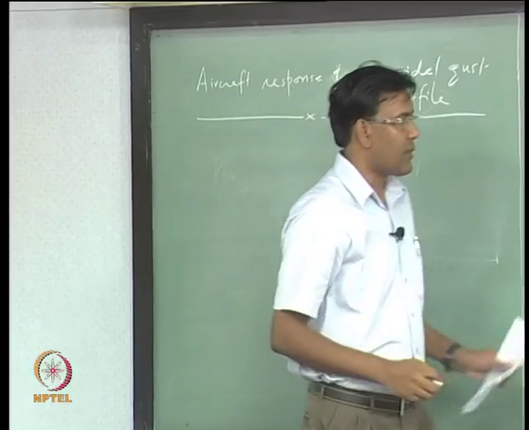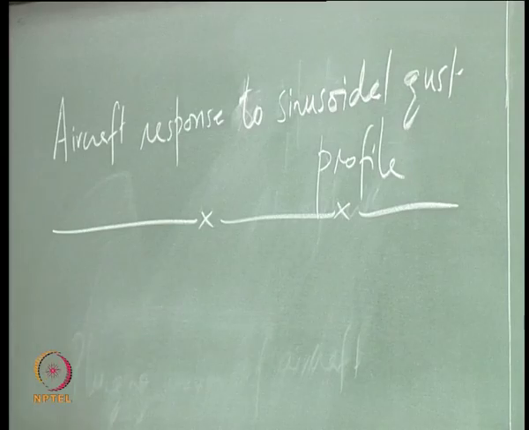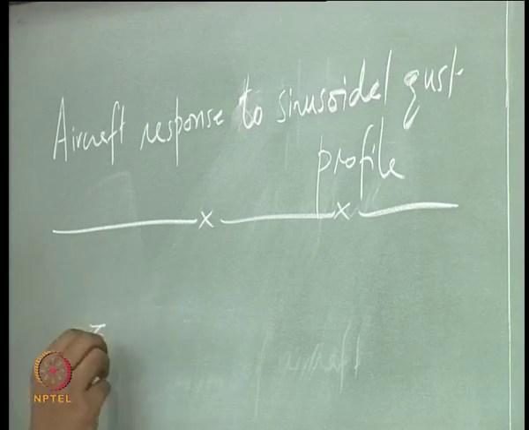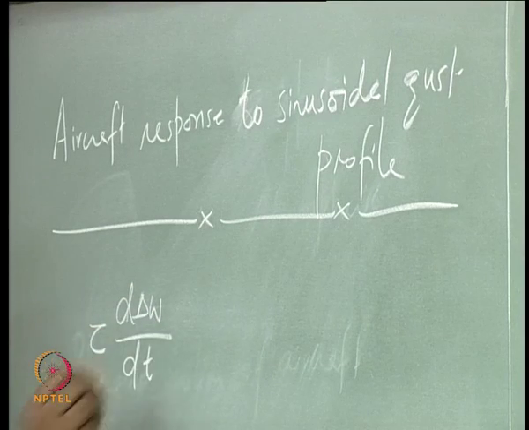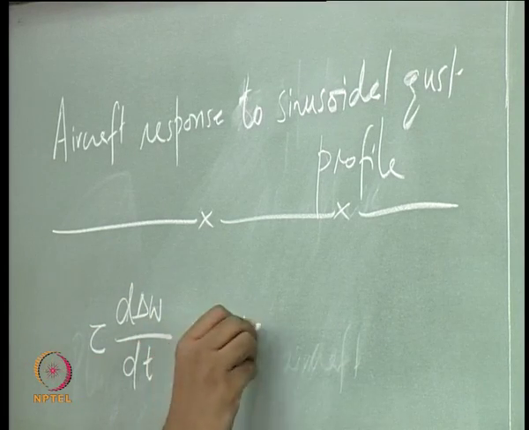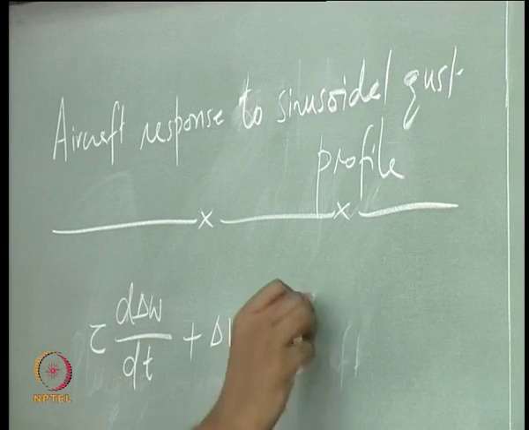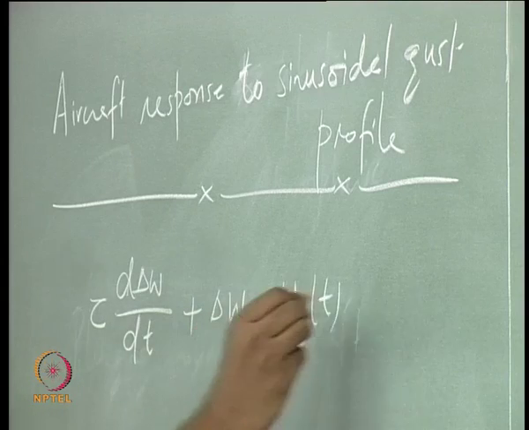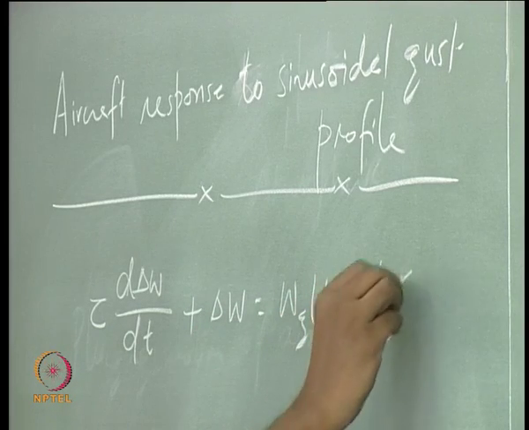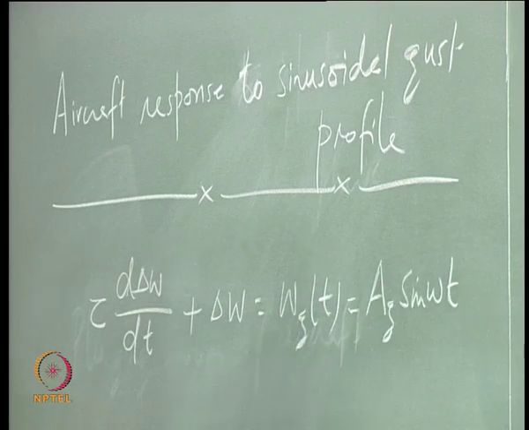We are still looking at plunging motion. So, the equation of motion is not going to change. This W g of t is now sinusoidal, right.